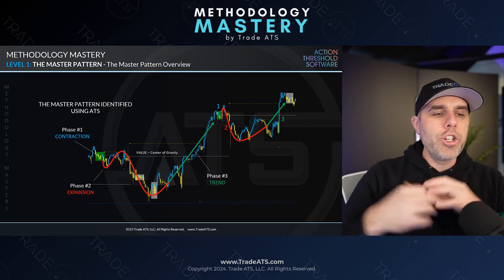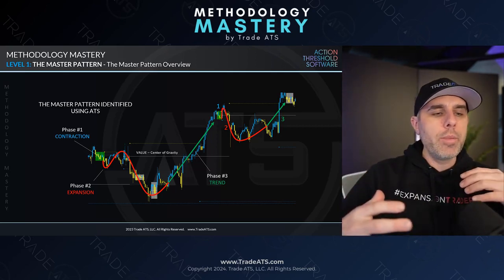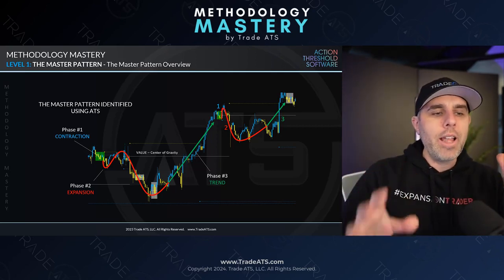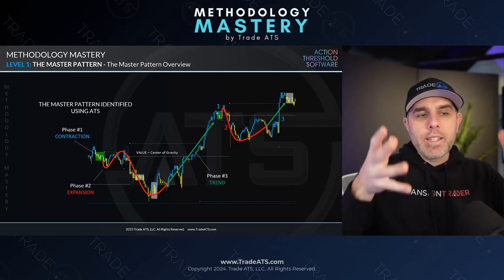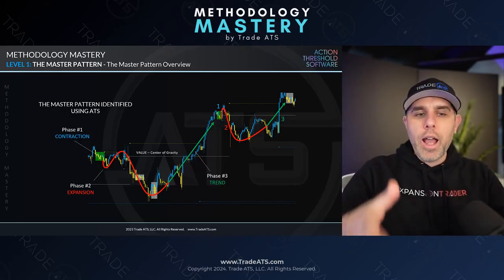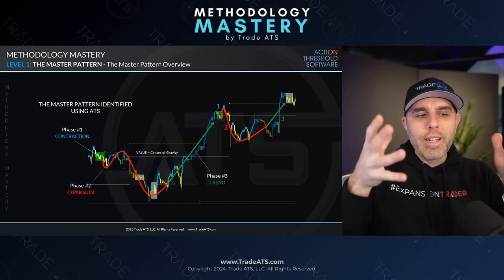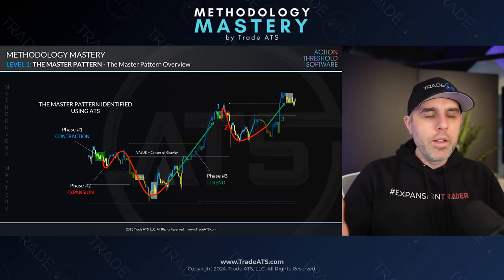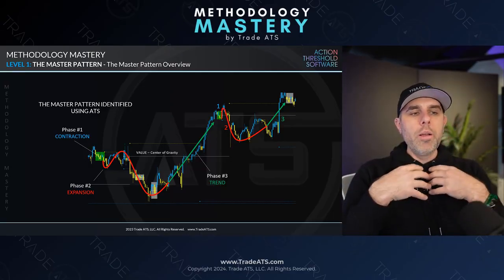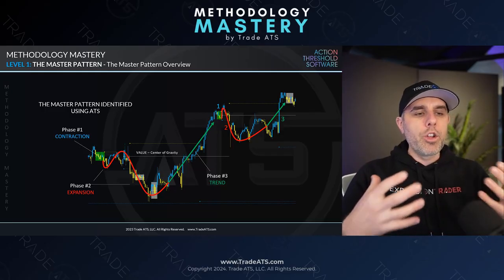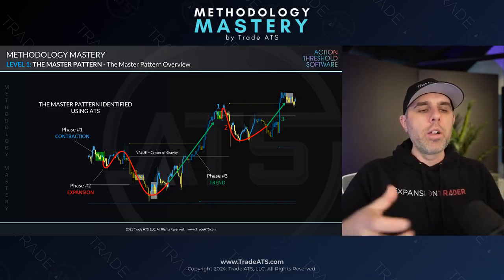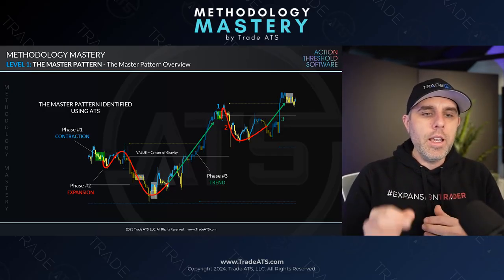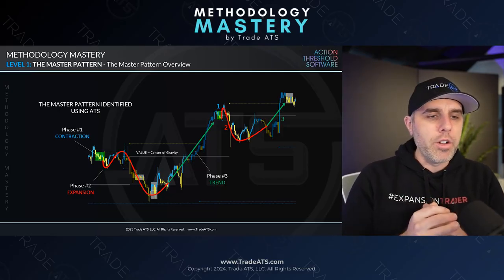That means that you'll be changing your risk management and your position sizing and things like that dependent on the size of the framework as it's playing out. The framework dictates how we show up, not our own beliefs and the criterias we're trying to force the market into. So that's a key thing to understand about master pattern methodology and market phases.